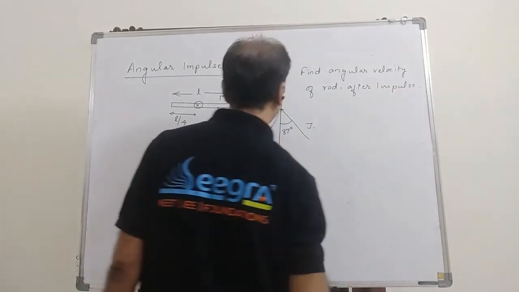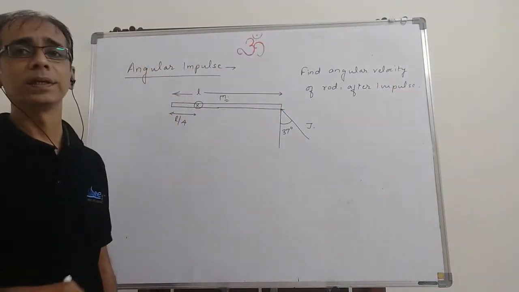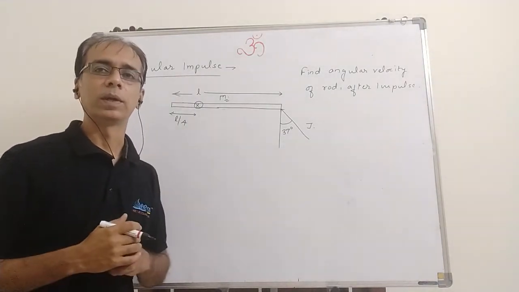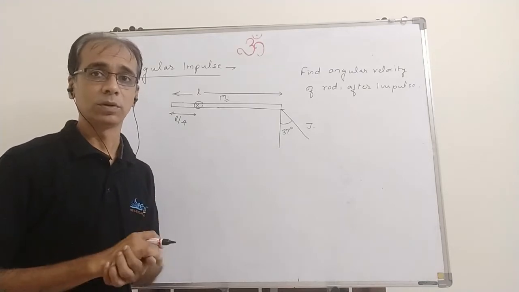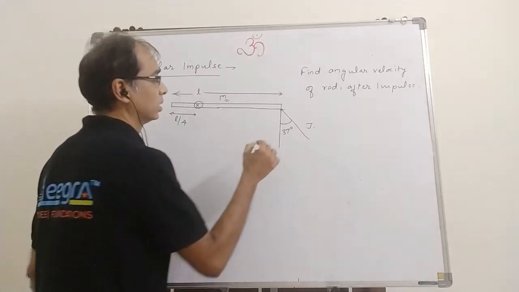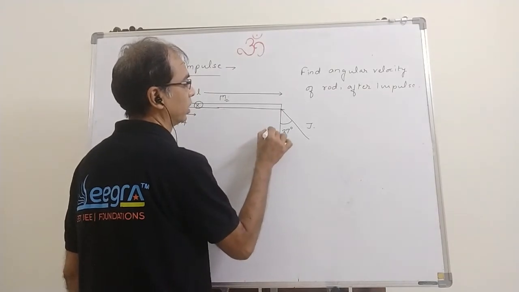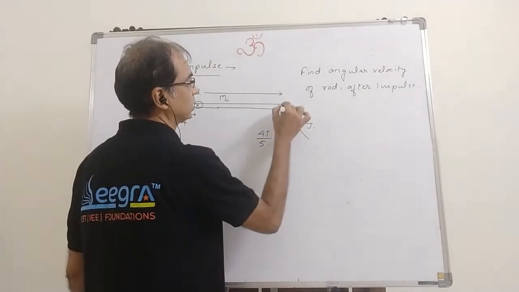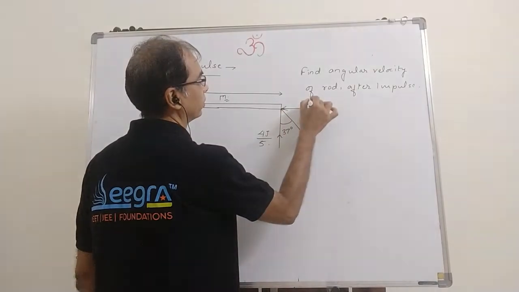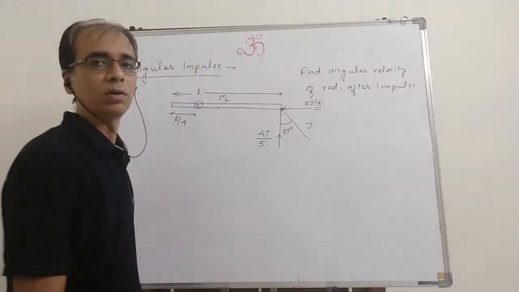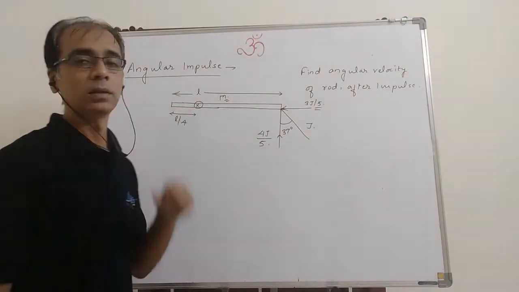Now we can see that this impulse is applied in an inclined way, so it has two components. This one is J cos 37, which means 4J by 5, and another one is 3J by 5. My question is, can this 3J by 5 produce any angular impulse about this axis?